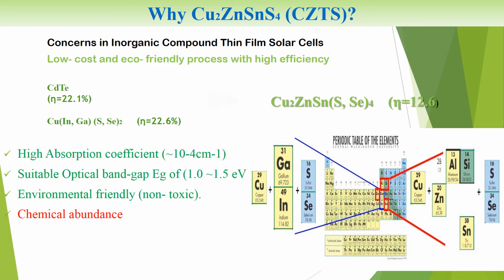For this reason, many researchers focus on low cost and eco-friendly materials with high efficiency, like CZTS. In addition, the CZTS thin films have other advantages, like high absorption coefficient, suitable optical band gap between 1 and 1.5 electron volt, environmentally friendly and non-toxic, and chemical abundance.